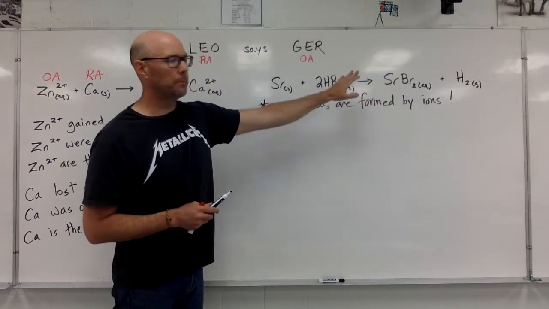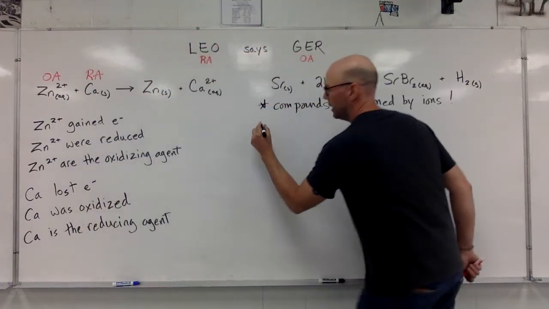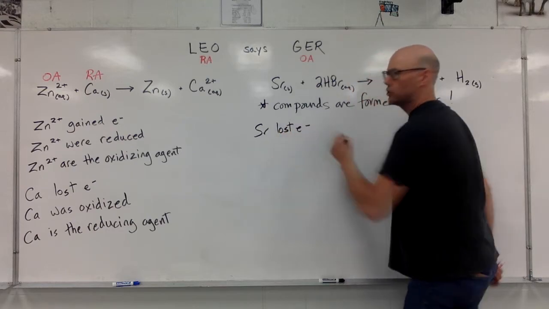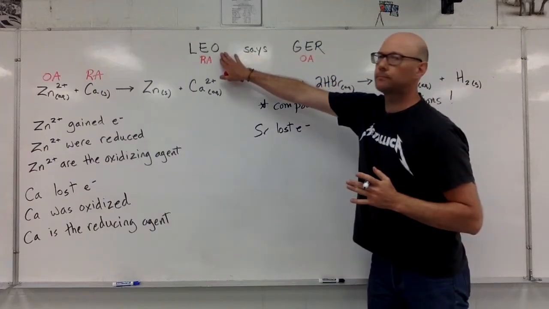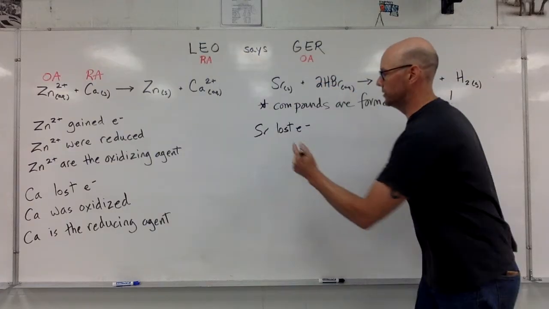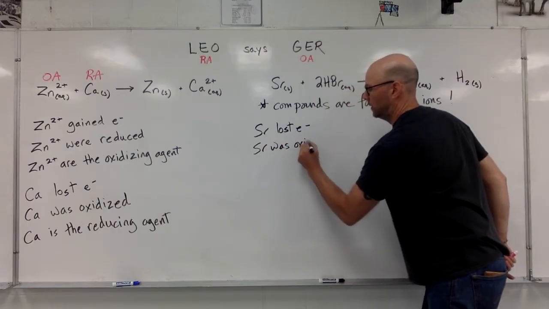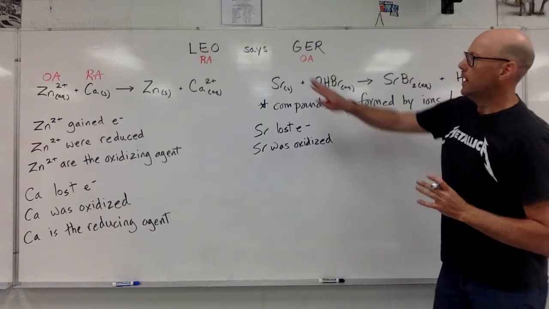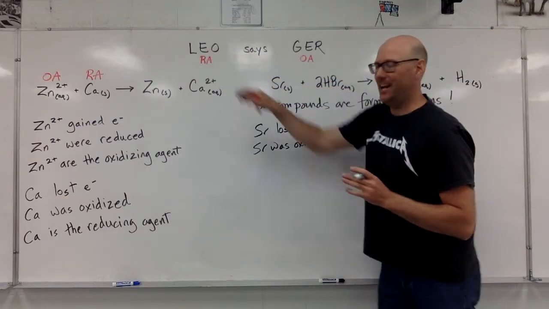To go from neutral to positive, we must have lost electrons. Here, the strontium lost electrons. Because the strontium lost electrons, it was oxidized. And the substance that is oxidized is the reducing agent.